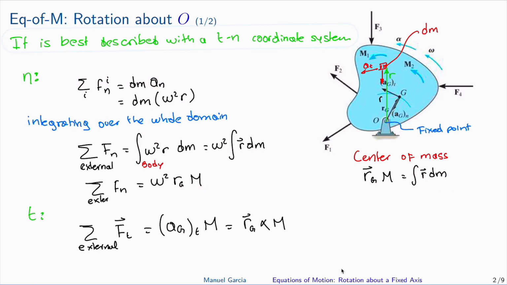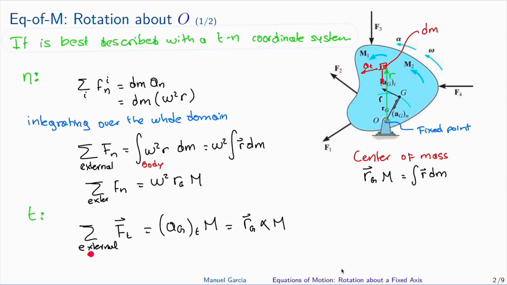In a similar way, we can do it for the tangential direction. So we consider every single one of the particles and we add then the contribution. Notice that when we add the contribution of the forces, we are summing over the internal and external forces, and only the external surface forces survive.